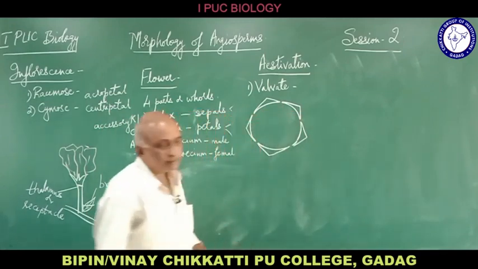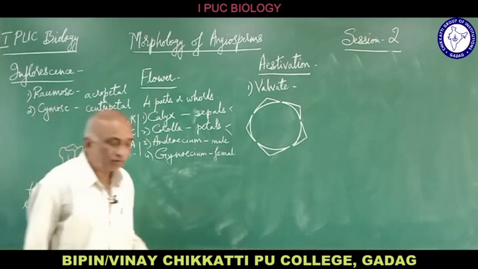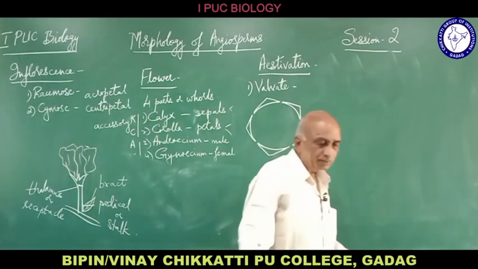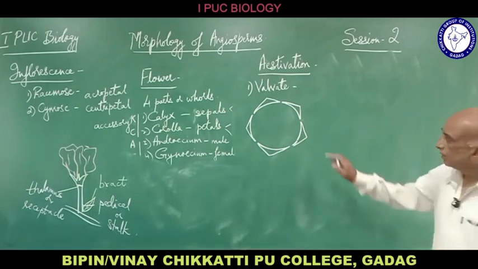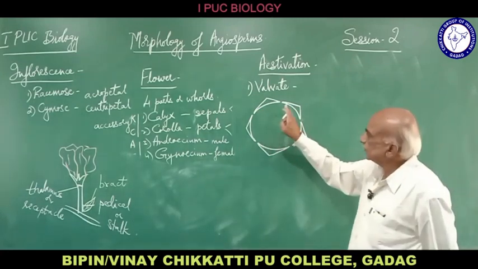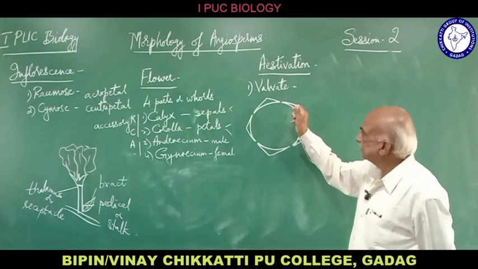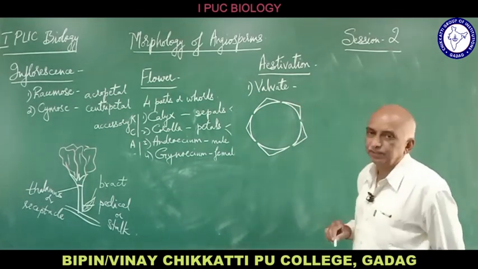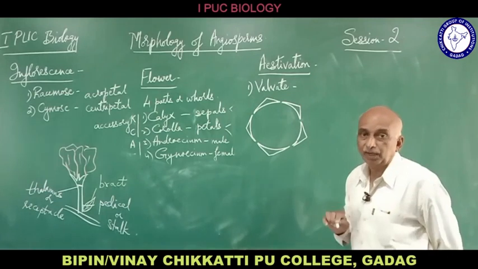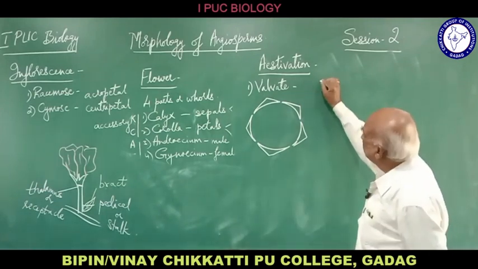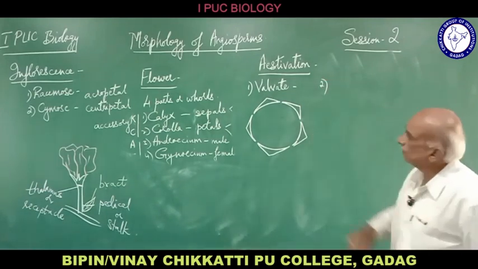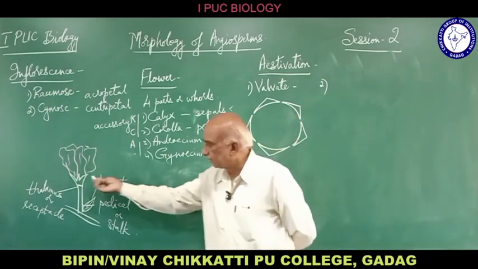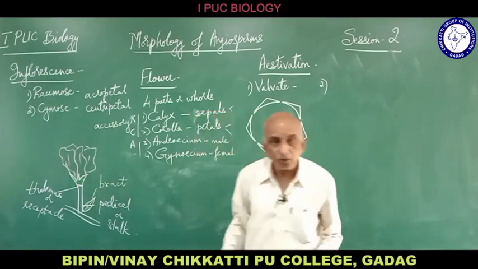They are not overlapping. This is called valvate estivation. Whether this is a sepal or petal, the edge is just in contact with each other. They are not overlapping. This kind of estivation is seen in the calyx of the hibiscus flower, calyx, not in corolla.